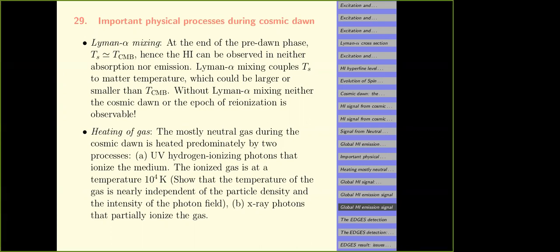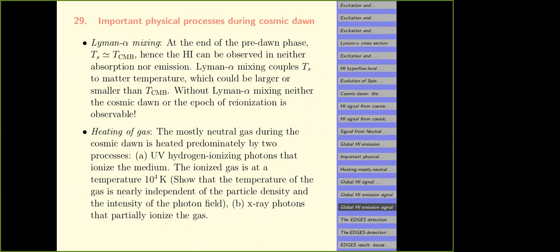First, again, Lyman alpha mixing, something I have talked about again and again. You remember, if Lyman alpha mixing does not happen after the pre-dawn phase is over, TS is equal to TCMB. Without this Lyman alpha mixing, cosmic dawn or epoch of reionization is not even observable. That's a very important point: once TS has gone to TCMB, I have to take it out from there and push it again in some other direction.